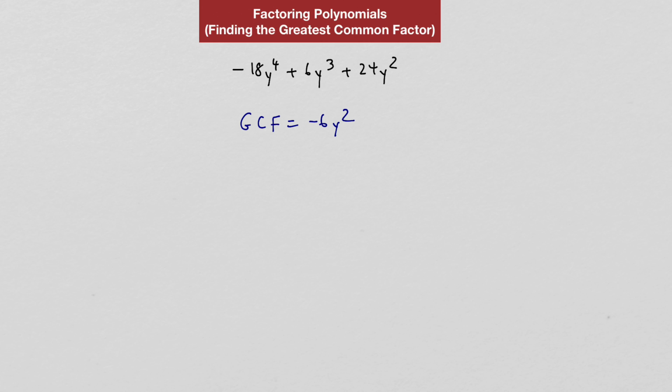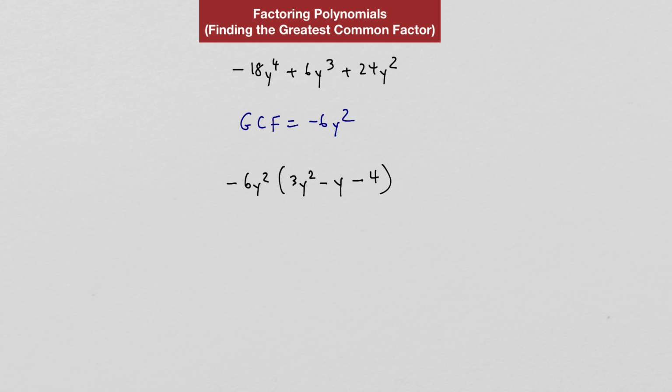So if we were to complete this, we would say that by factoring out negative 6y squared, the remaining part of this polynomial would turn out to be 3y squared minus y minus 4.